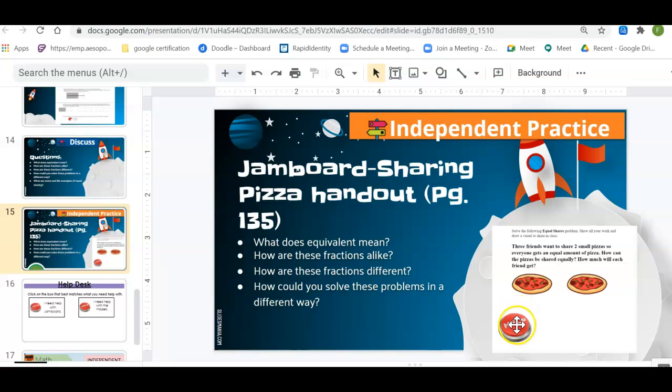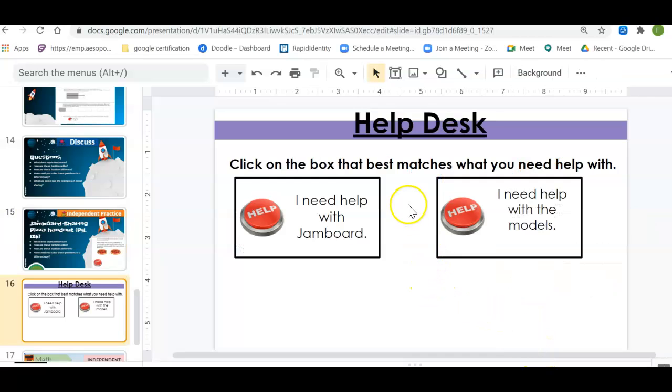Now, if you want a little bit of help about how to solve it, I've got a couple of help buttons that you can click on. If you need help with working on the Jamboard, just click here. There's a little short video that can give you some tips on working on the Jamboard. And right here is a help button.